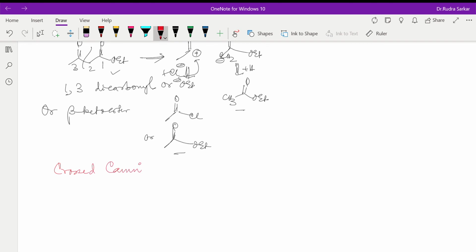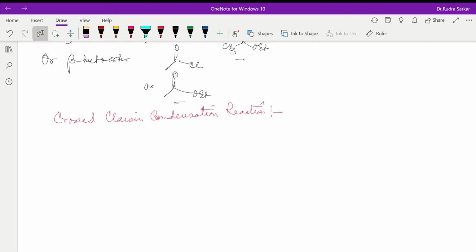Now, for the crossed Claisen condensation reaction, very similar to the crossed aldol reaction. Okay, we are condensing two different esters.